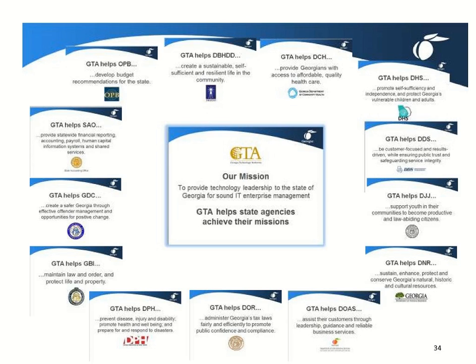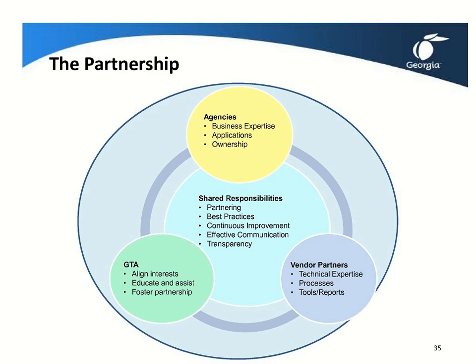On each floor at GTA, we have a display that loops the missions of our state agencies, as it is GTA's mission to help state agencies achieve their missions. Another way to look at our partnership is like this.